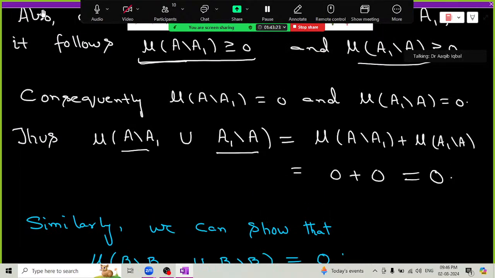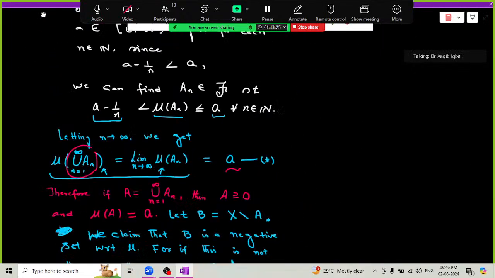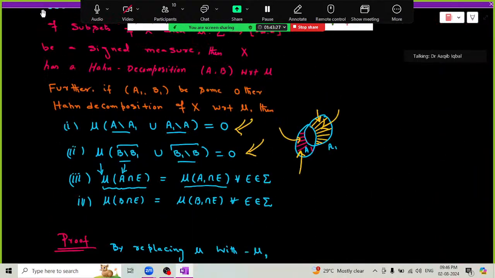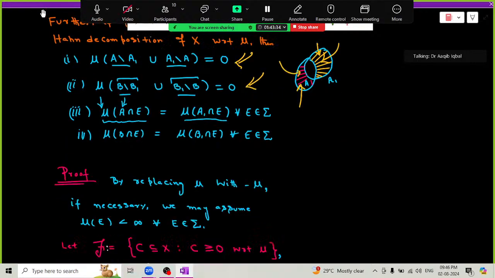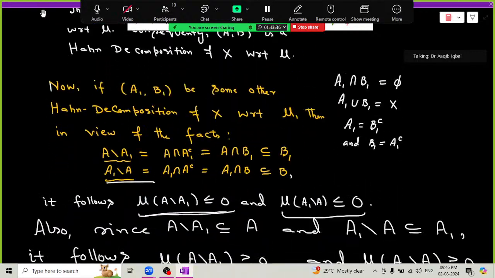Now we come to the third part जो ऊपर हम statement में देख रहे हैं. अब आपको ये दिखाऊंगा, mu of a intersected with e is same as mu of a1 intersected with e. वो देखिएगा कैसे हम करेंगे.